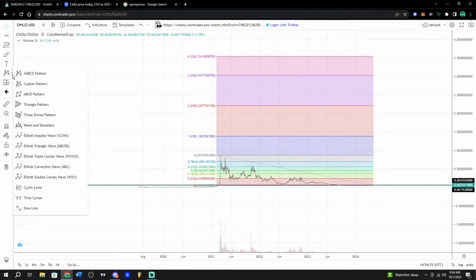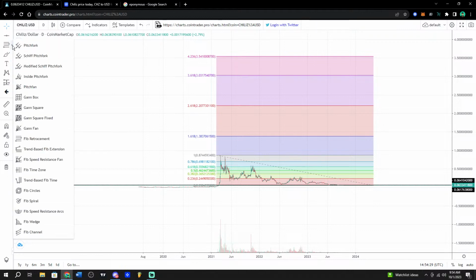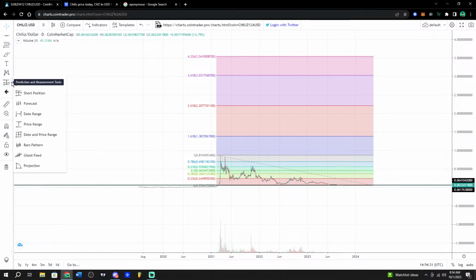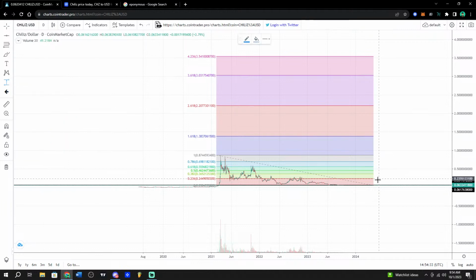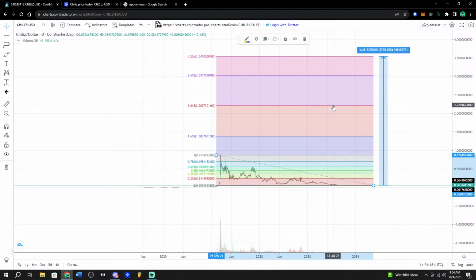Yeah, that's intense. Price from current price up to here is a good 57x. That's a possibility. What happens if I change this?